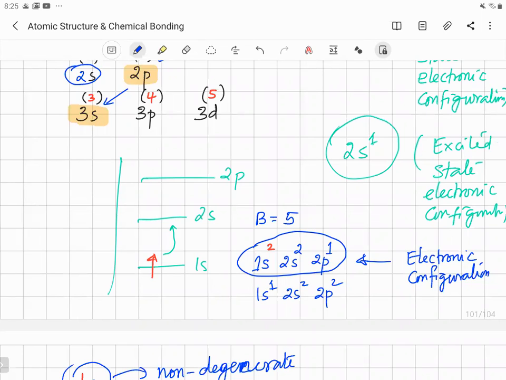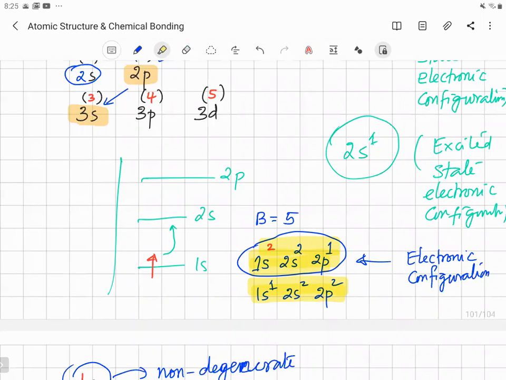The reason is that in this electronic configuration, the atom has the lowest energy. The second electronic configuration is also possible, but the atom has higher energy than this lowest energy configuration.